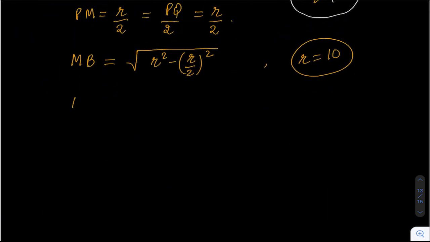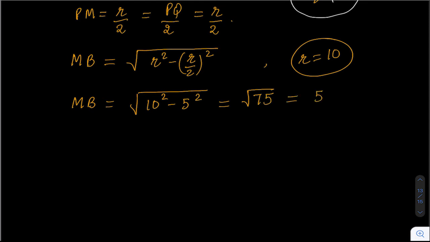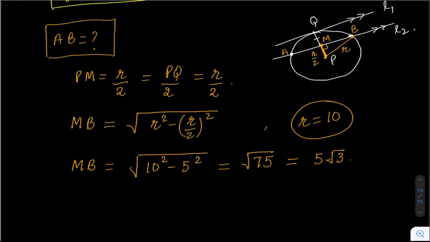So let's solve this. MB will be equal to the square root of R square, that is 10 square, minus 5 square, that is 100 minus 25, the square root of 75. And the square root of 75 we can write as 5 root 3, because 75 is 5 times 5 times 3, so we can take 5 out. So this is the value of MB.